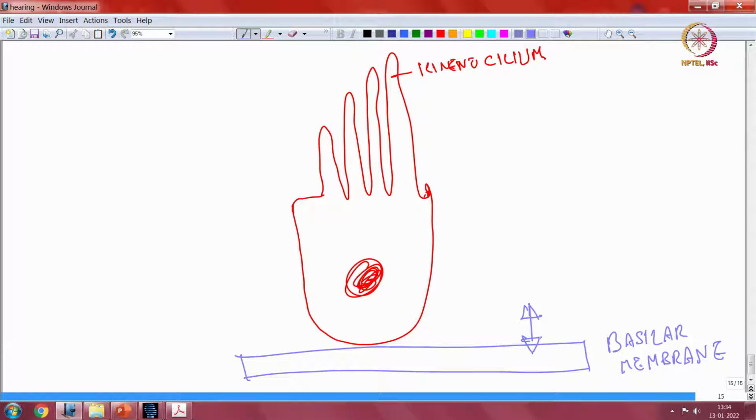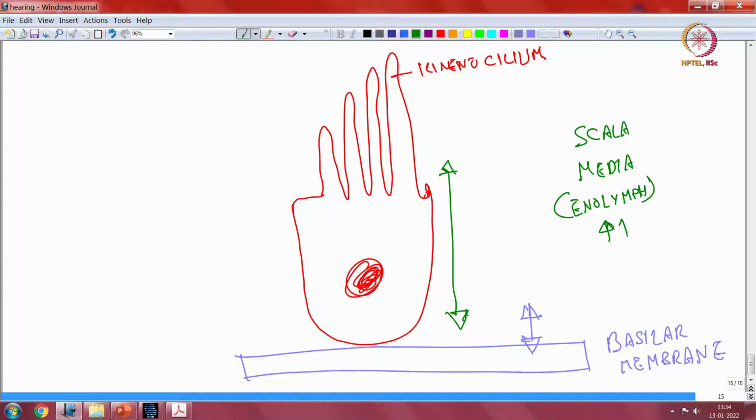That oscillation causes this hair cell to oscillate. Now, the hair cell does not oscillate in free space. Remember, this whole thing is called scala media containing endolymph, which is high potassium. That is one thing.